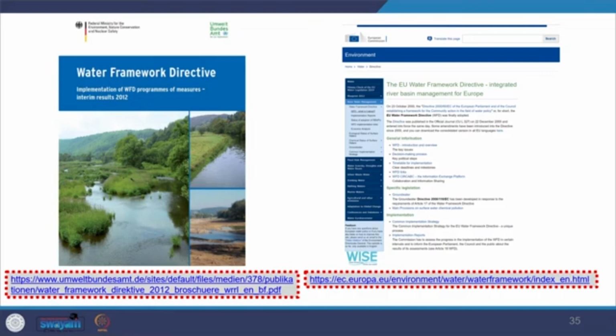I have also given you the link here to the directive. You can see all the general information on the right-hand side: what it is about, the decision-making process and timetable, the links, and all the legislation involved, including groundwater, surface water and chemical pollution.